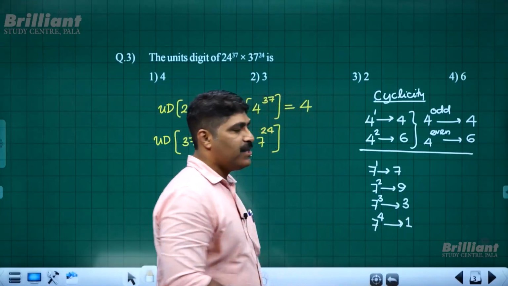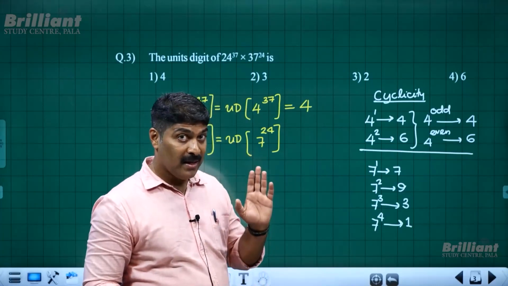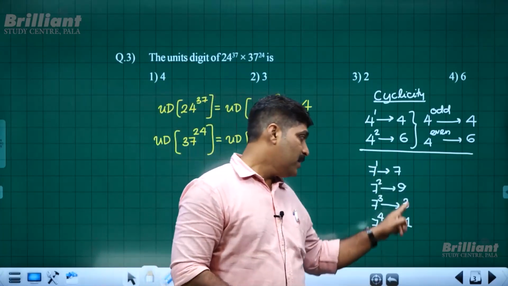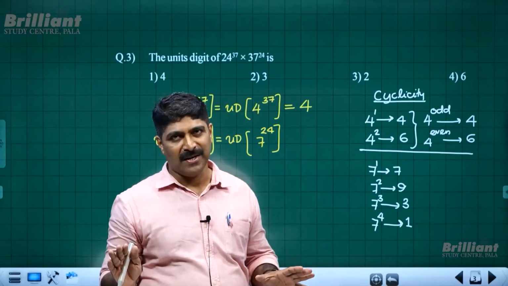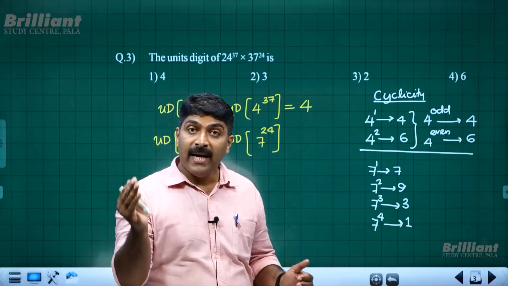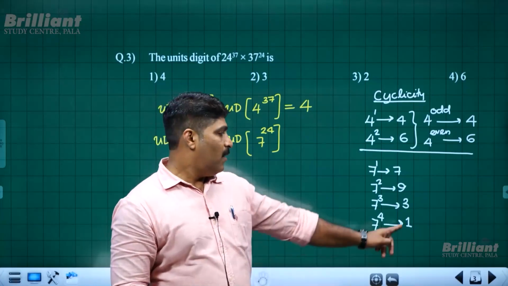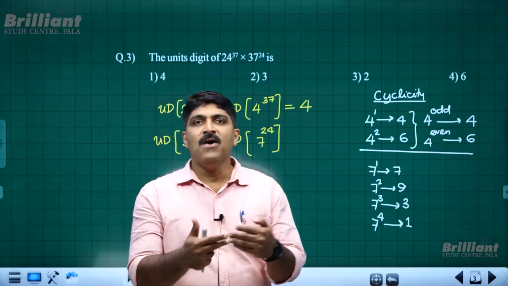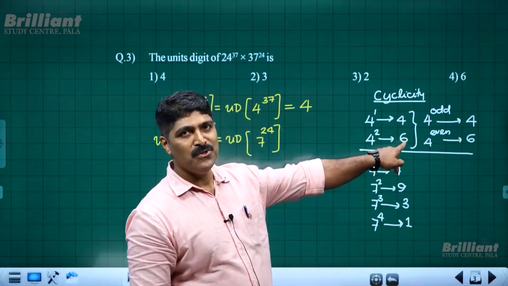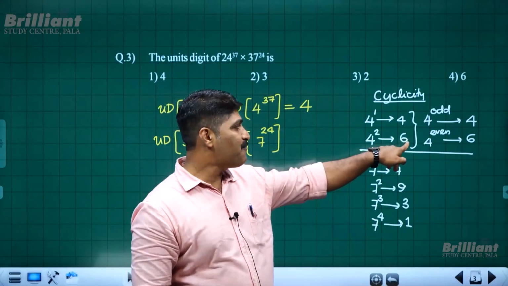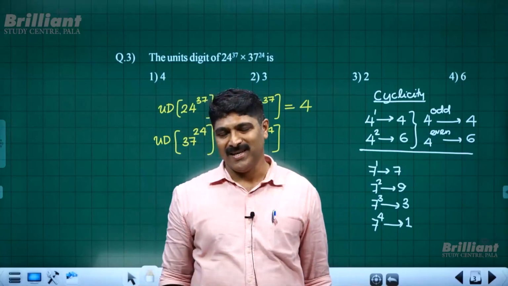I already mentioned that point related to 3. Whenever the unit digit becomes 1, definitely the repetition will start. It is not mandatory that the repetition always starts after the unit digit becomes 1, because look at this example: here after the 6, the repetition started.